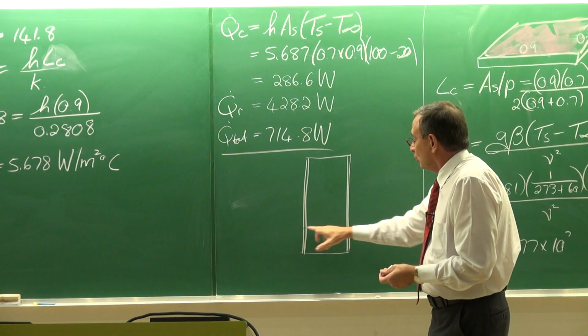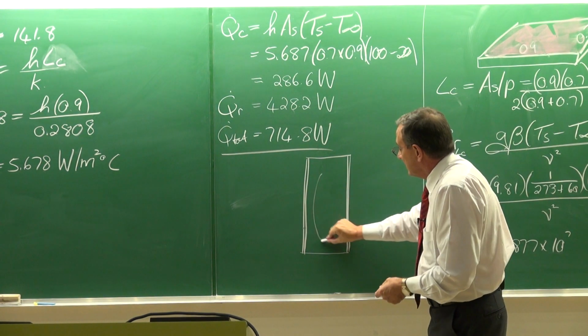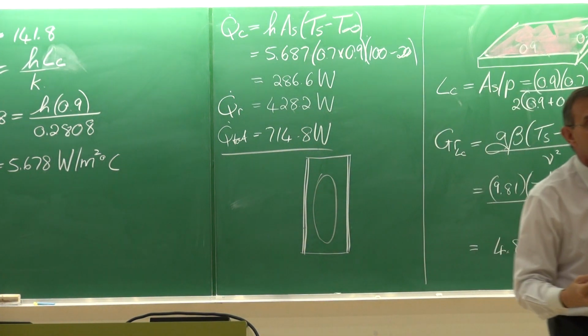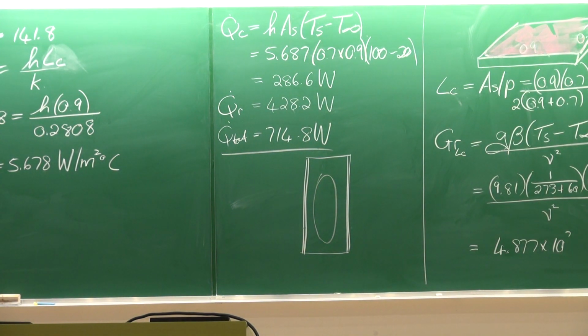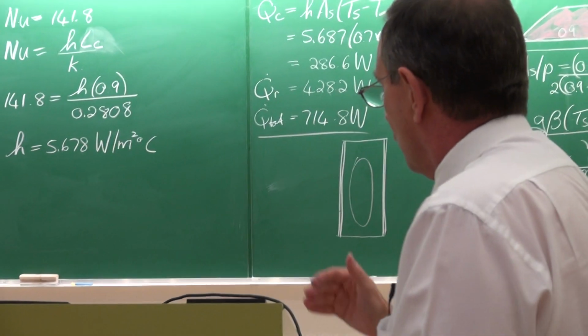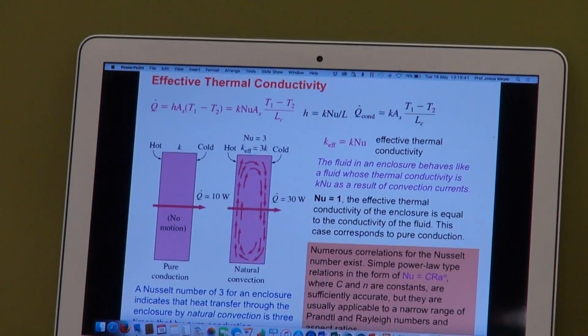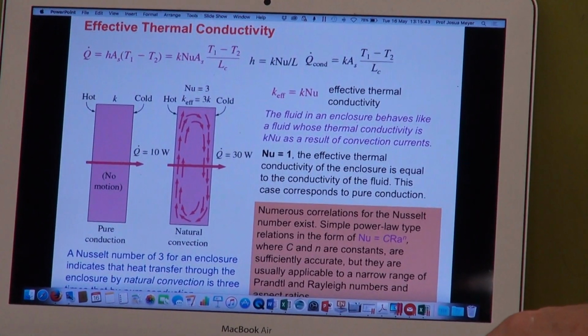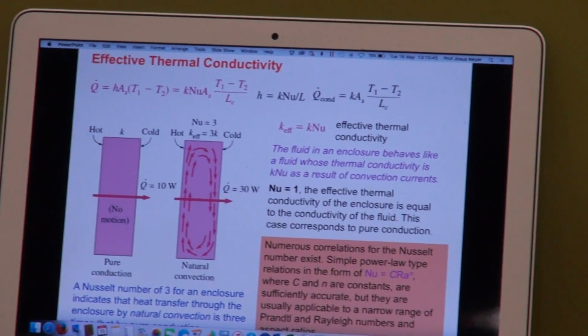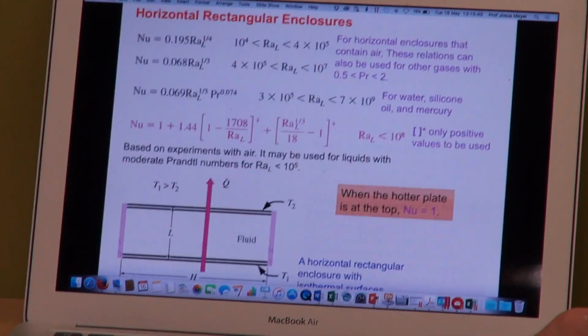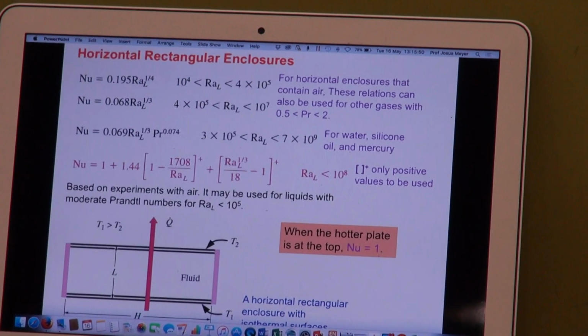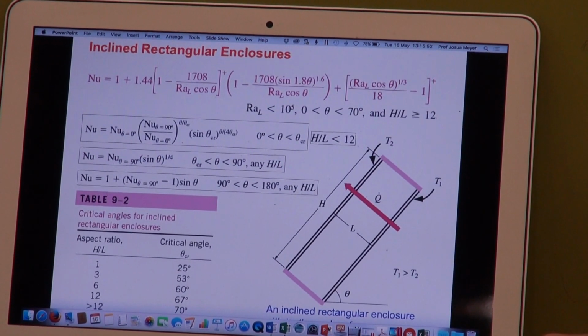Now, if this is cold and that is hot, you're going to get natural convection here on the inside. And again, depending on if the enclosure is like that or if it's tilted, you'll get different types of heat transfer in it. And again, the information is here in the textbook on how to get the heat transfer coefficients depending on the characteristic length for different types of configurations.